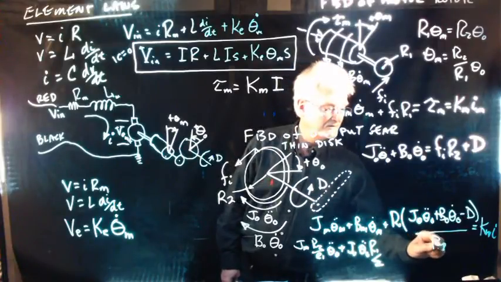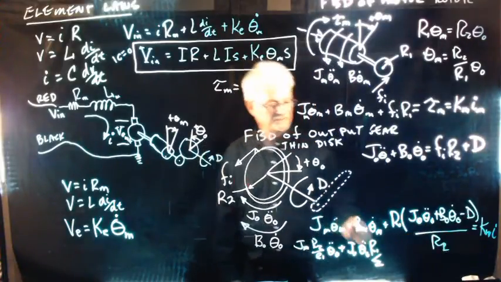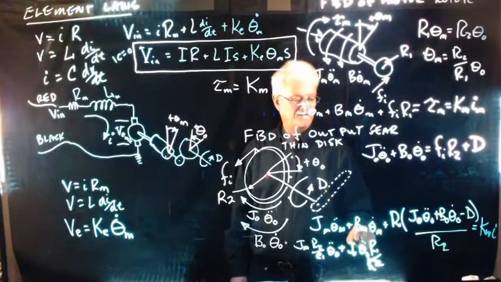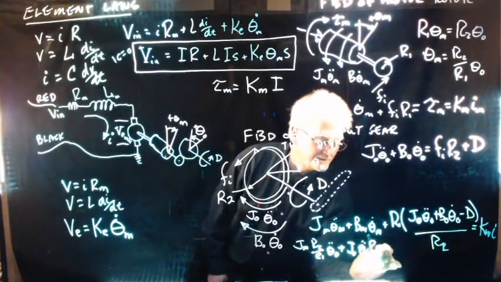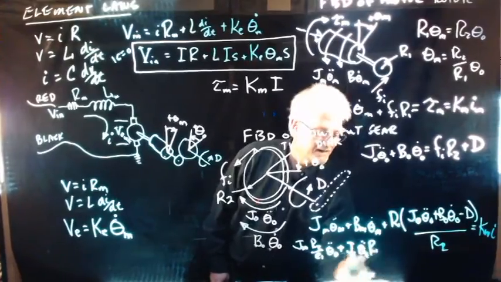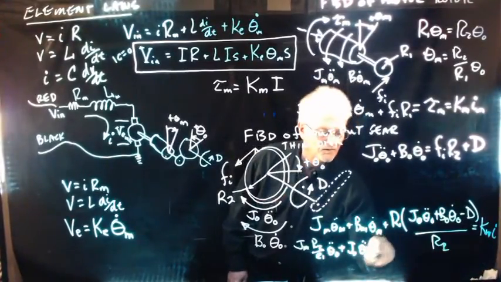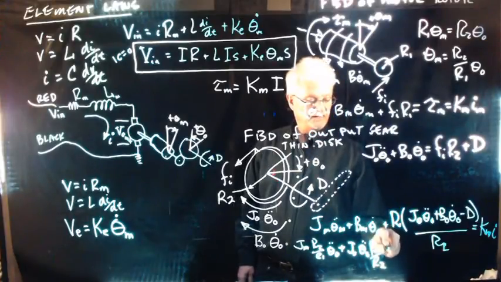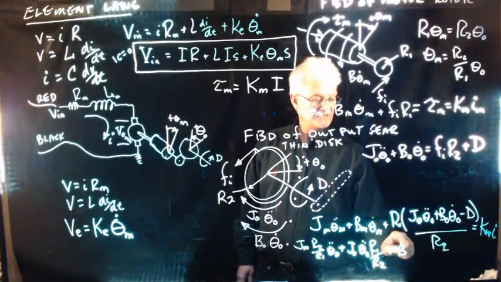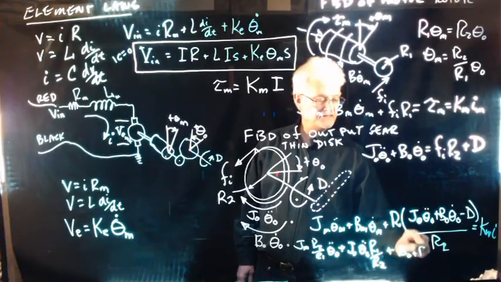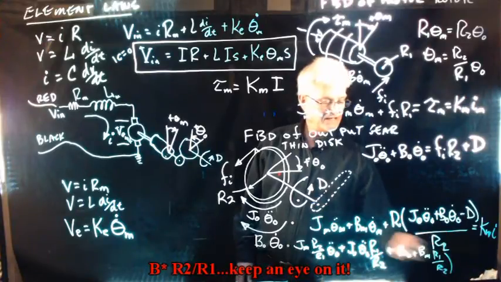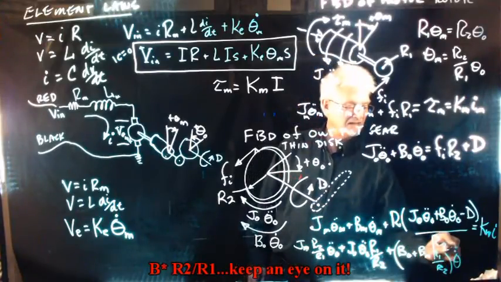Let me just straighten that up real quick. Okay, R1 over R2. And then this is B out plus BM R1 over R2 times theta double dot out.